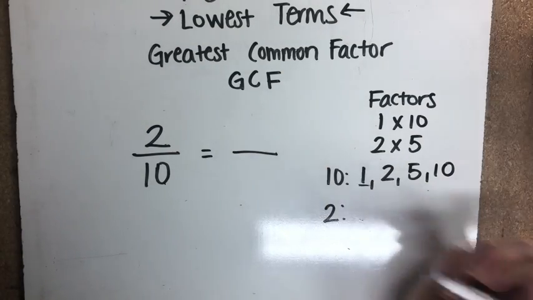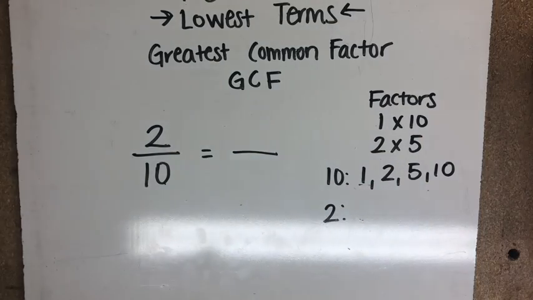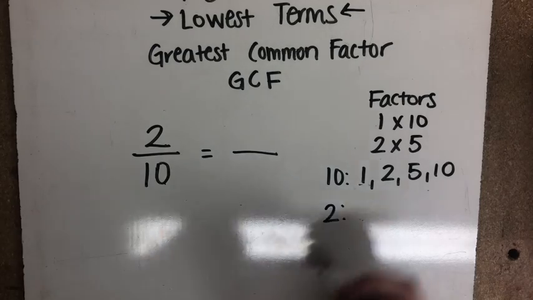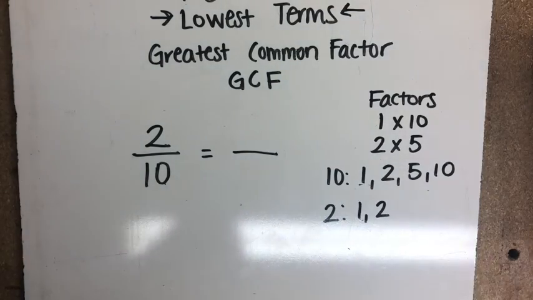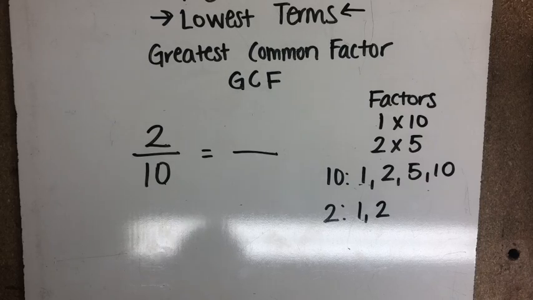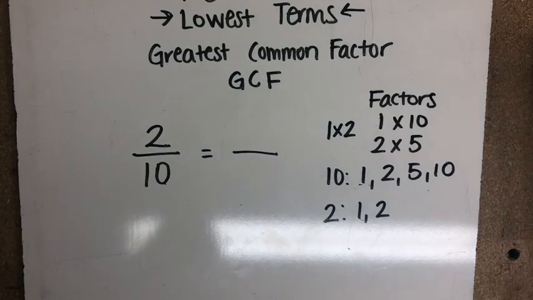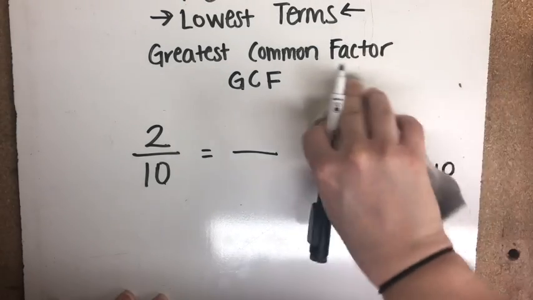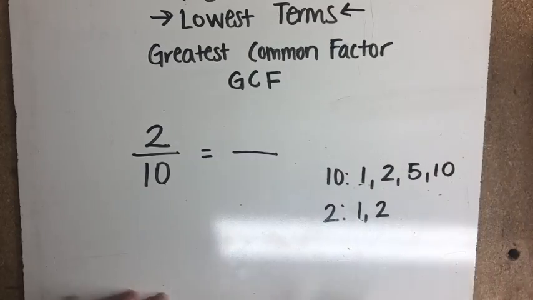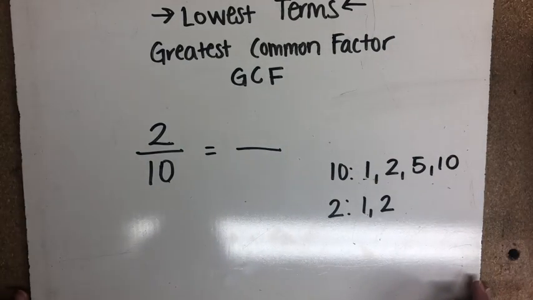It's the possible combinations of numbers that will give you 10 when you multiply. So can you think of what my factors for 2 are? If you guessed 1 and 2, you are correct, because the only way to get 2 as a multiplication answer is to do 1 times 2. So these 2 lists are my factors for 10 and for 2.